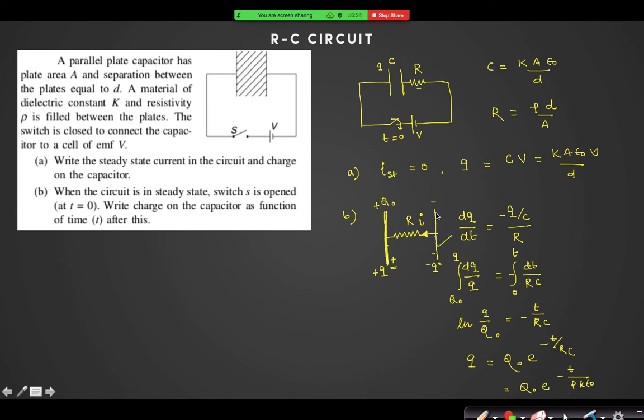So I have to subtract this potential from this potential. So if you subtract this from this, whether you will get plus or minus? Yes, sir. Minus. Have you understood the solution? Yes, sir.